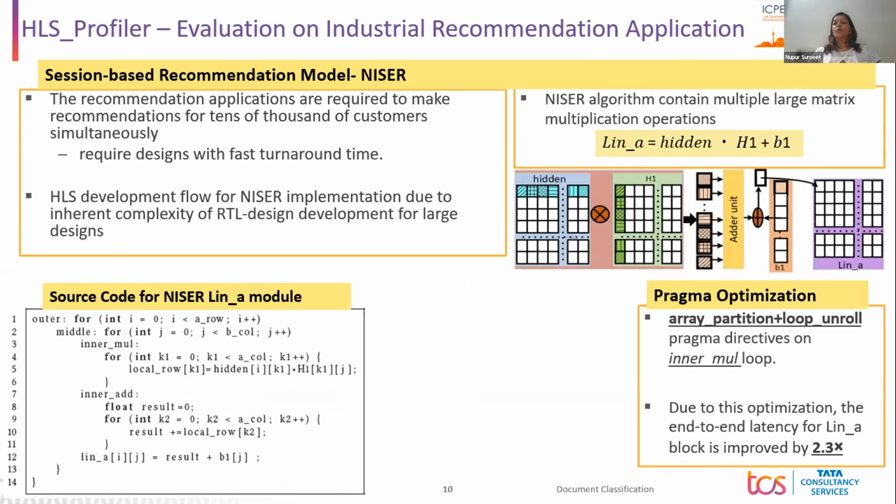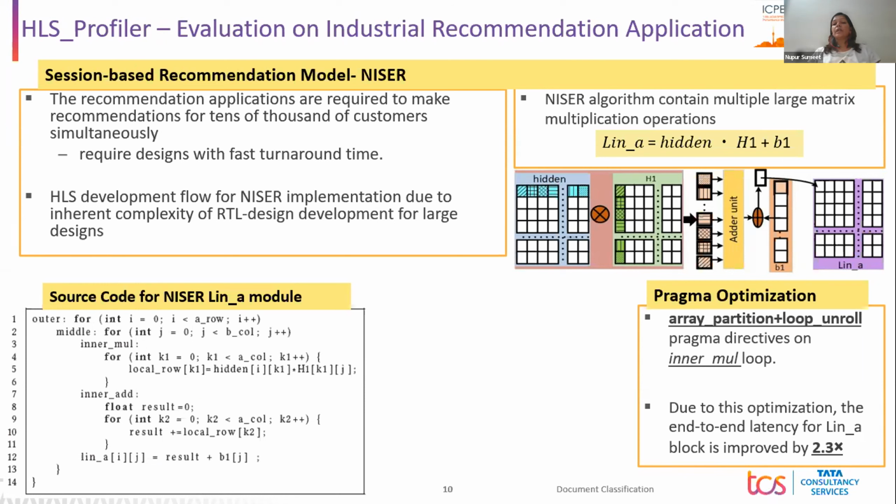We evaluated the profiler on an industrial recommendation application called NICER. NICER is an in-house developed recommender model developed in HLS since FPGAs can satisfy the fast turnaround time requirement of recommendation systems.